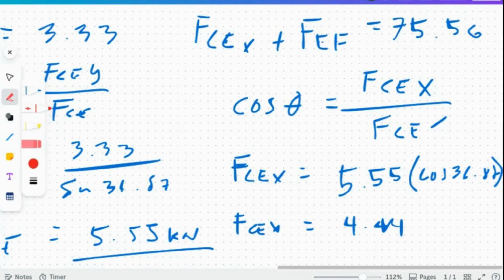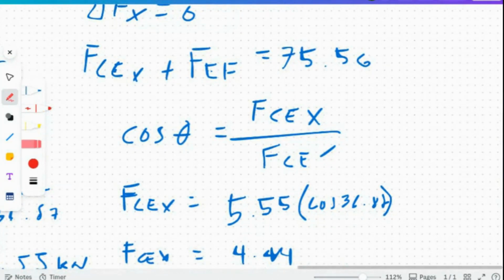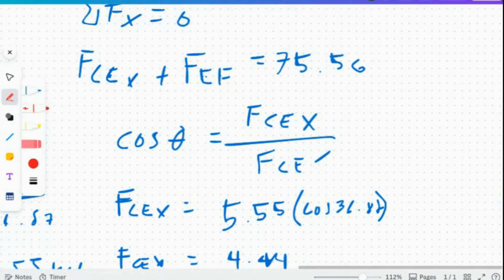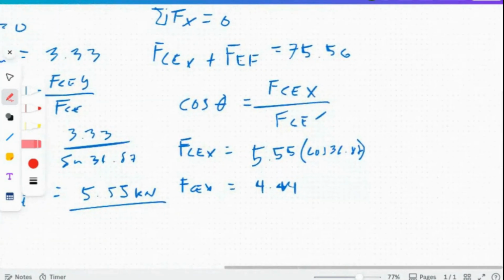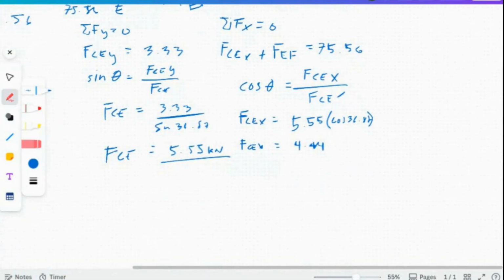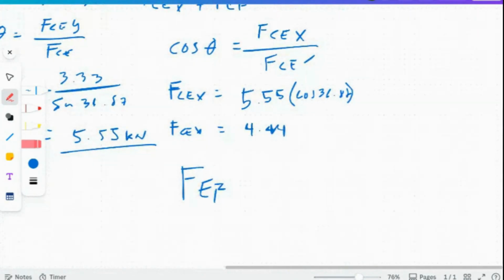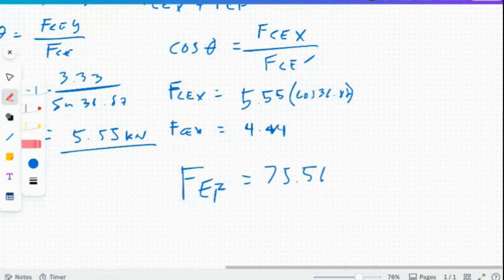Now that we have that figure, let's go back to our main equation. FCEX, we move to this side. So FEF is equal to 75.56 minus 4.44.